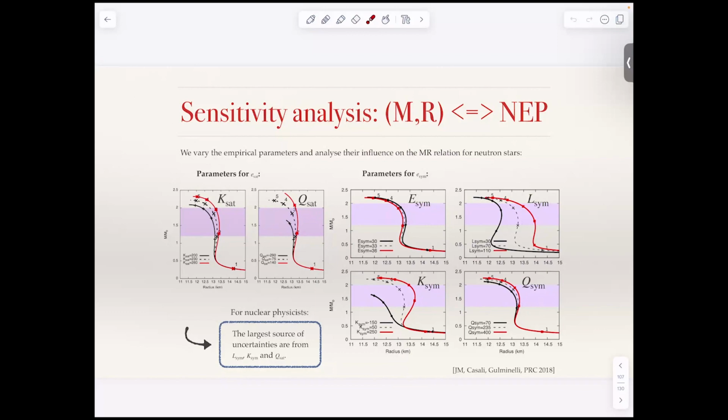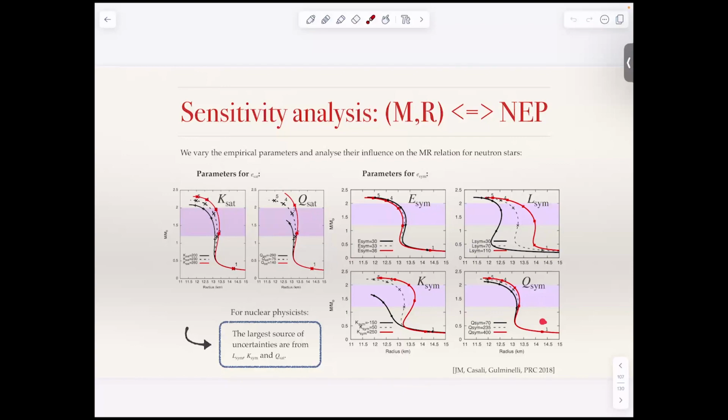Yeah, so what I mean is here, these crosses again are referring to the densities that are in the center of a neutron star. And one means saturation density.